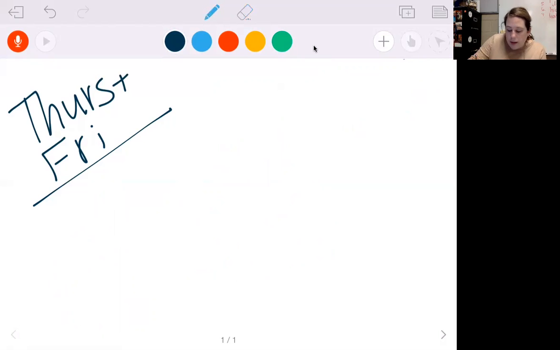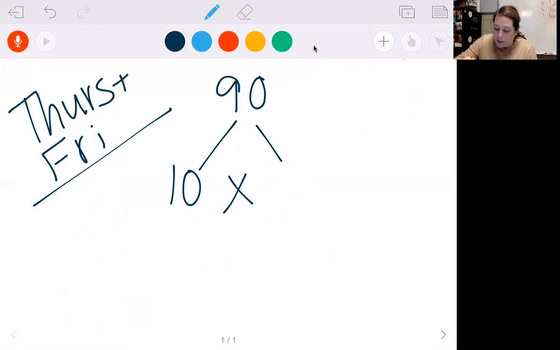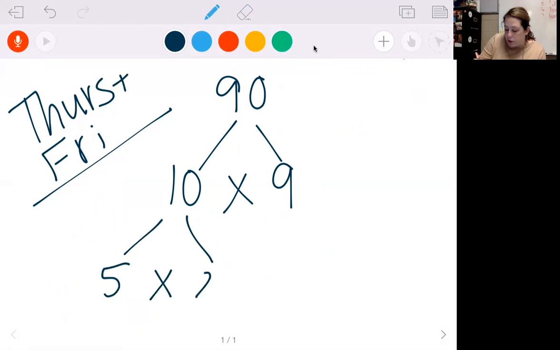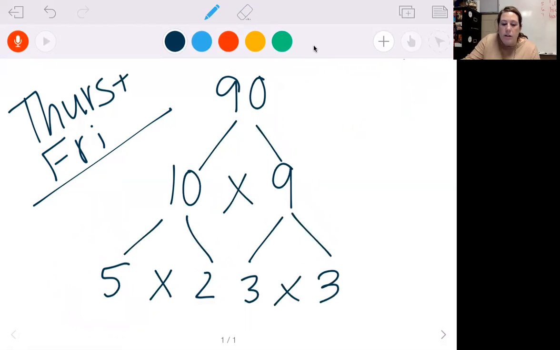All right, let's do 90. So you would think to yourself, what two numbers equal 90? 10 times 9. Okay, then what two numbers do I do to get to 10? 5 times 2. To get to 9, I do 3 times 3. All of those numbers are now prime. Those numbers I cannot break down any more than they already are.